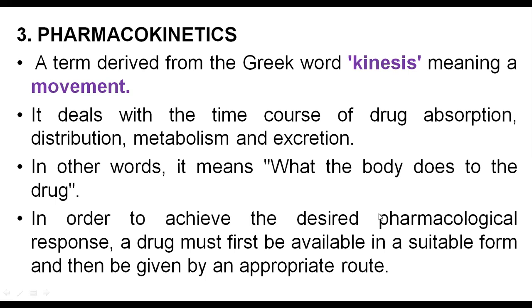I think I had indicated earlier that drugs have formulations, and these formulations are designed to be administered via certain specific routes. So you find that a drug may be designed for parenteral administration. For example, gentamicin is designed for parenteral administration.